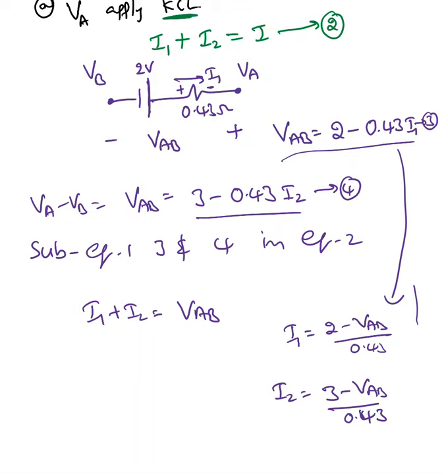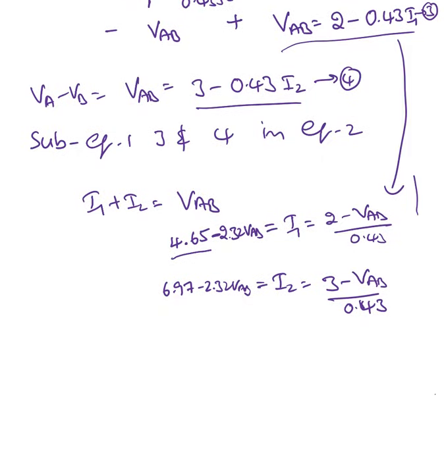If I simplify these two equations, 2 over 0.43 is 4.65, minus 1 over 0.43 is 2.32. So I1 equals 4.65 minus 2.32 VAB, and I2 equals 6.97 minus 2.32 VAB. I'm going to substitute those two values here.